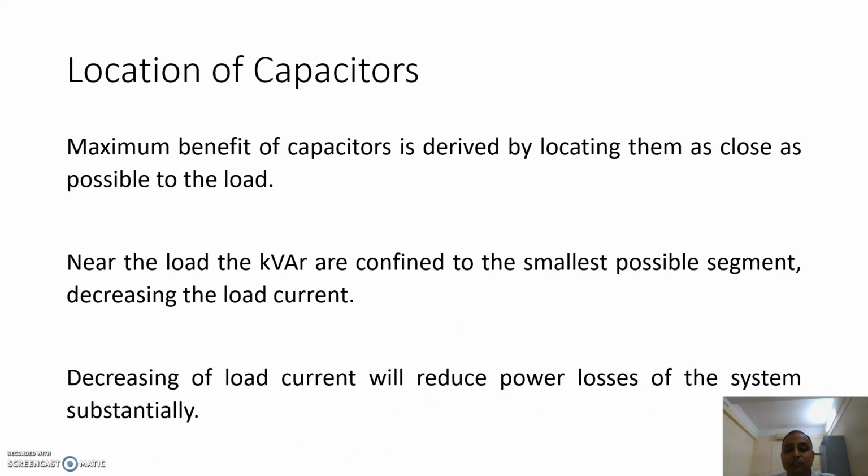So load current has to be kept low as much as possible, and in order to keep that low, we keep the installed capacitor close to the load. If you keep it away from the load, current will flow from the capacitor to the load, and that flow will lead to loss. We want to avoid that, and that's why we locate the capacitors as close as possible to the load side.